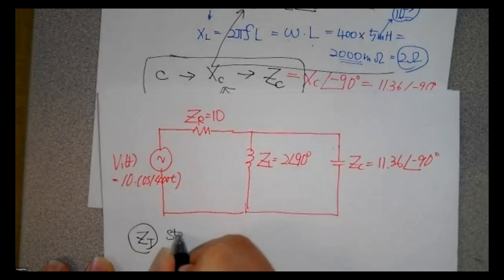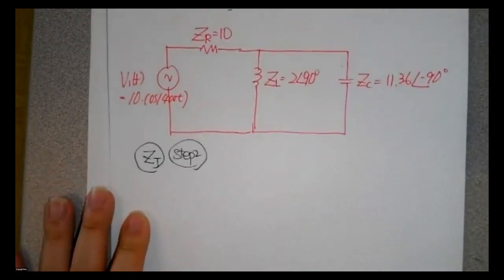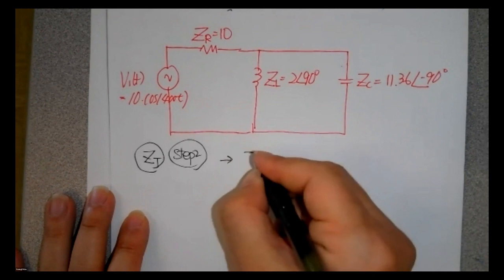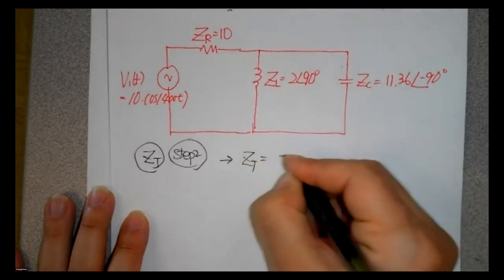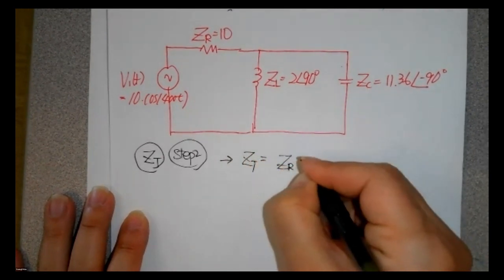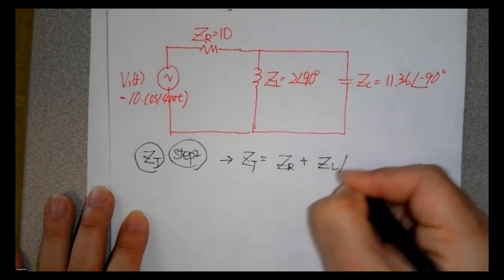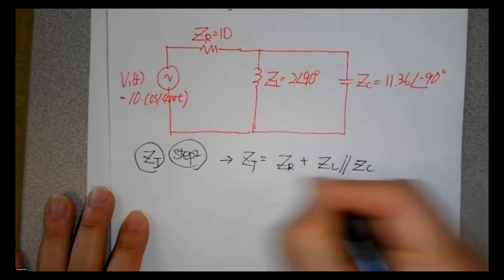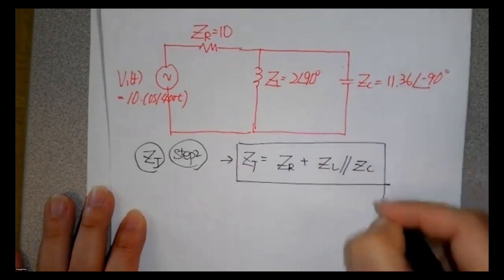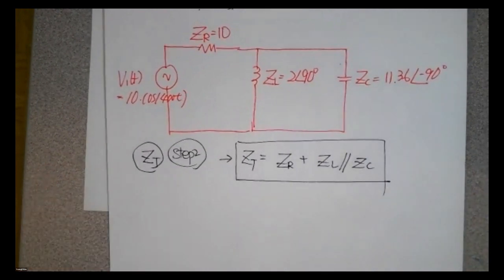That is step two. What is the total impedance? We have the formula for the total impedance with Z sub R, Z sub L and Z sub C. It's right there.